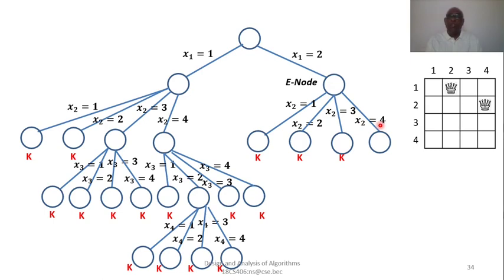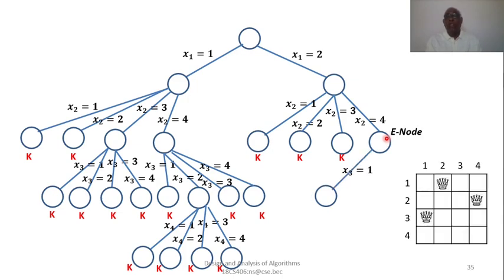So finally we settle down for x2 equal to 4, and the partial solution represented by this node x1 comma x2 satisfies the bounding function. So because it satisfies the bounding function, this becomes the E node. So once it becomes the E node, we start building its children and explore the partial solutions represented by its children.